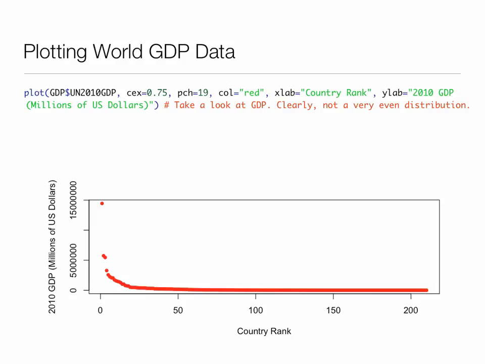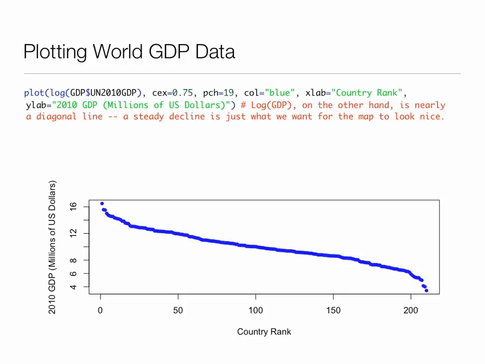Because if you imagine picking 8 equal intervals along the y-axis here, a lot of them would be empty, and the vast majority of the countries would be in the lowest category. Now imagine picking 8 intervals along the y-axis here, and you can see they're much more evenly distributed. You've got more countries in each category, or a more even number of countries across categories, right? So that's the intuition behind how we're going to choose our colors.